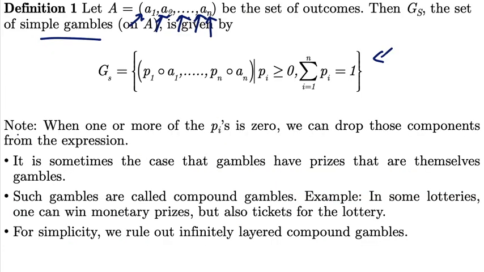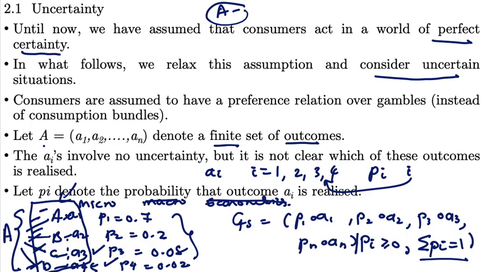But you have to take note that when one or more of the Pi is 0, we can drop those components from the expression. Now, let's go back to this example. Like I said just now, if this university only considers A, B, C, D as the grades, then we don't miss any single outcome, isn't it? So when you add all of the probabilities here, then it becomes 1 like this.